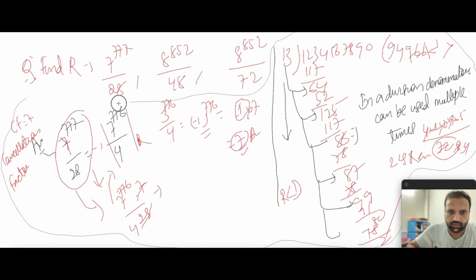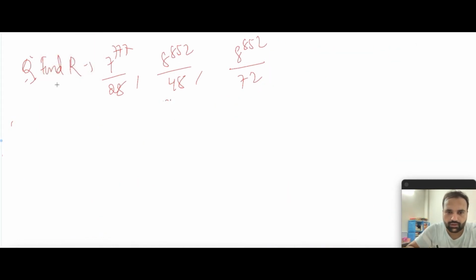So let's do this second question. The second is 8 to the power 52 by 48. Can we write this as 8 to the power 51 by 6?